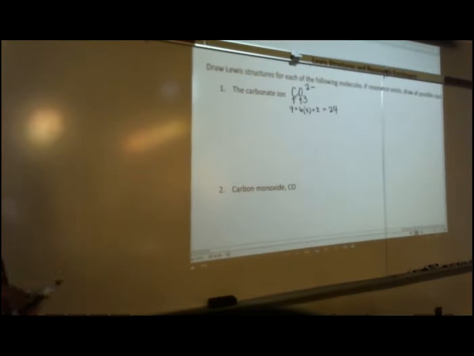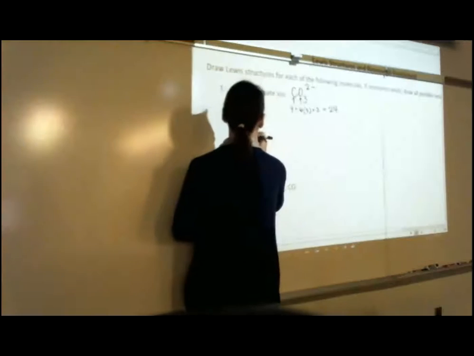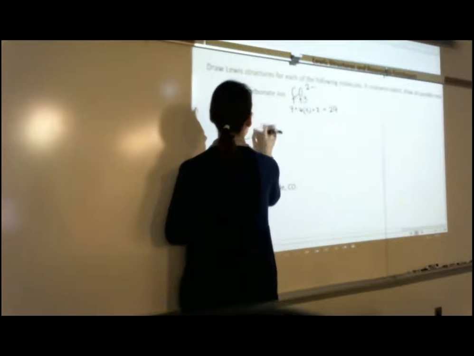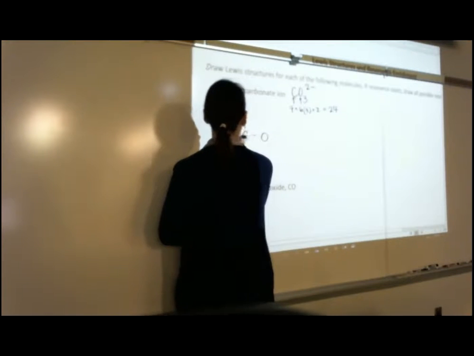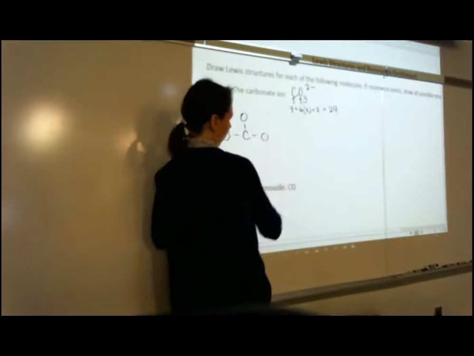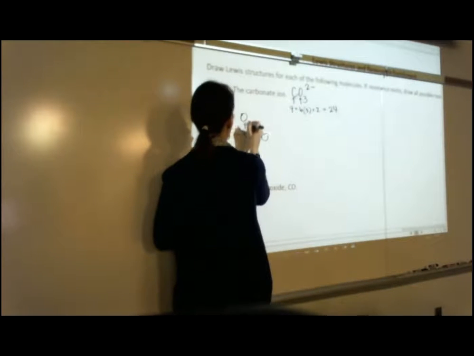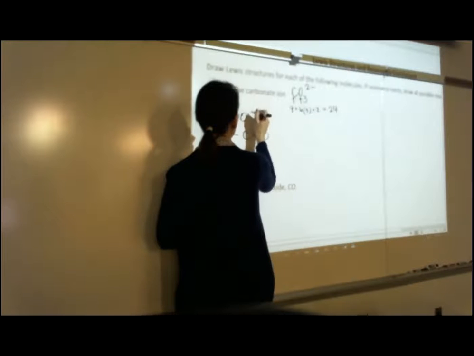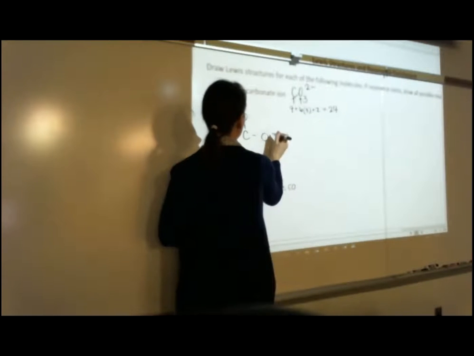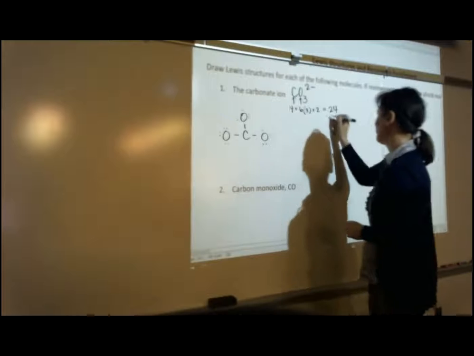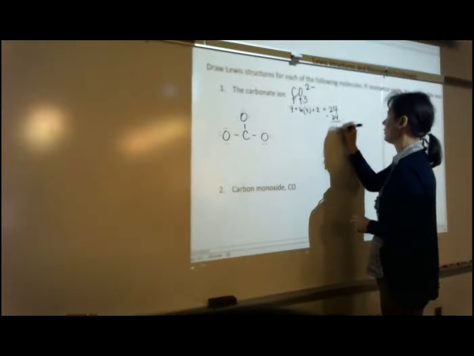All right. So carbon goes in the middle. So C, and then we're going to connect with single bonds, O, O, O. And I've got 24 to work with, so I can go ahead and give everybody an octet. 2, 4, 6, 8, 10, 12, 14, 16, 18, 20, 22, 24. Right, so that takes care of all 24 electrons right there.